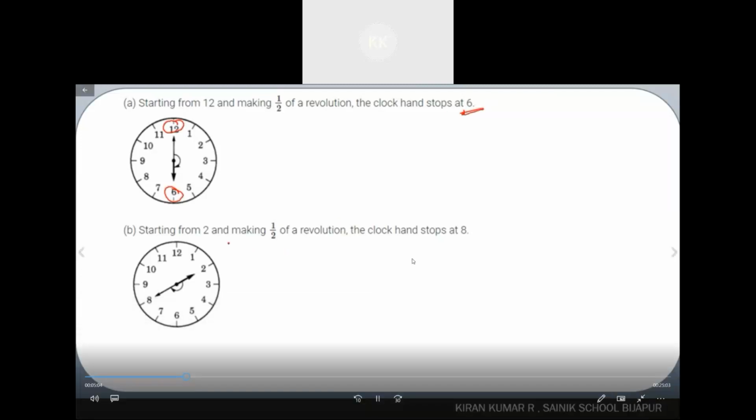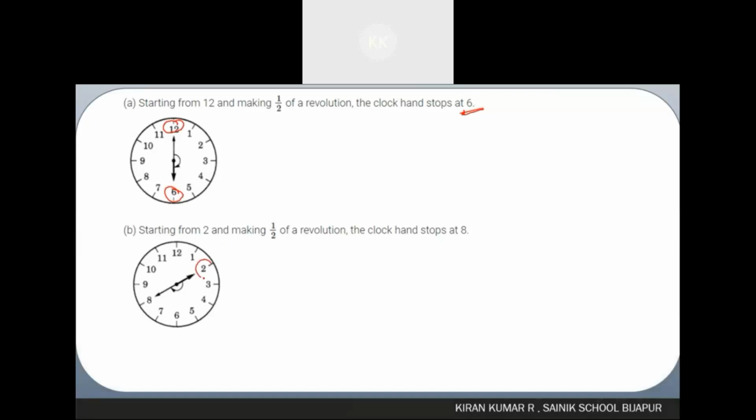Second one, starting from 2, making half a revolution, the clock hand stops at 8. Remember friends, half a revolution refers to making 180 degrees.